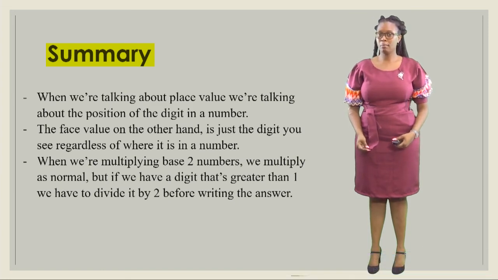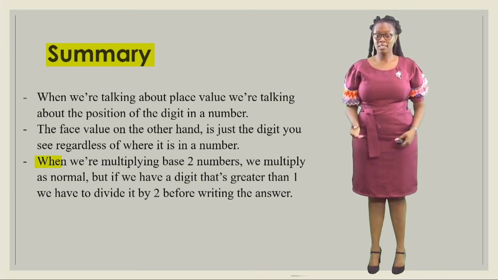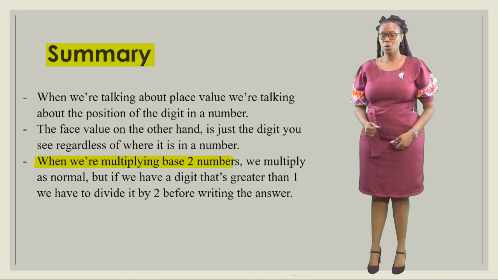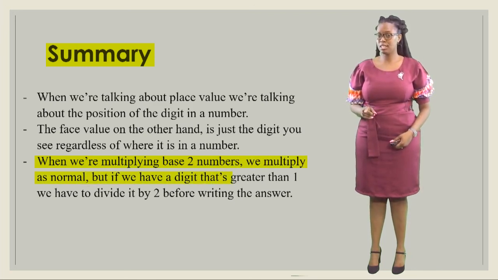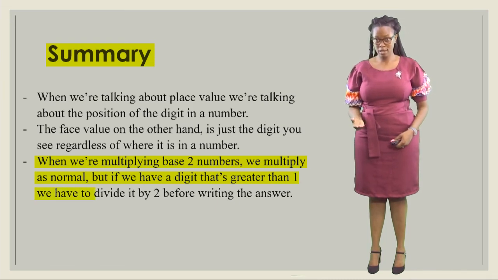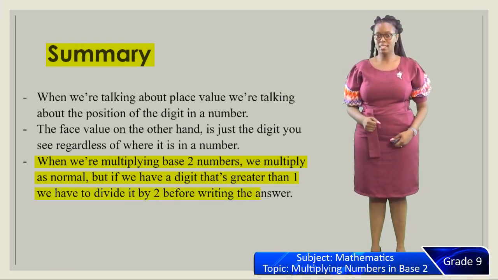But if we're talking about the face value, it will just be 1, 5, and 0. And lastly, when we're multiplying numbers in base 2, we multiply as normal, but if we have a digit that is greater than 1, we have to divide it by 2 before writing the answer.